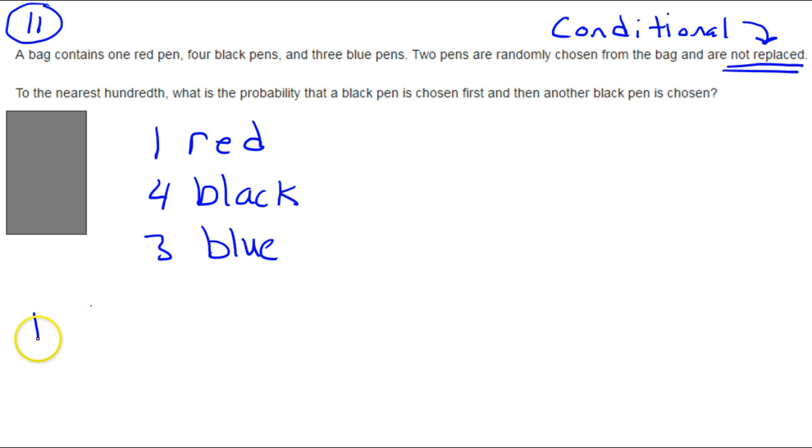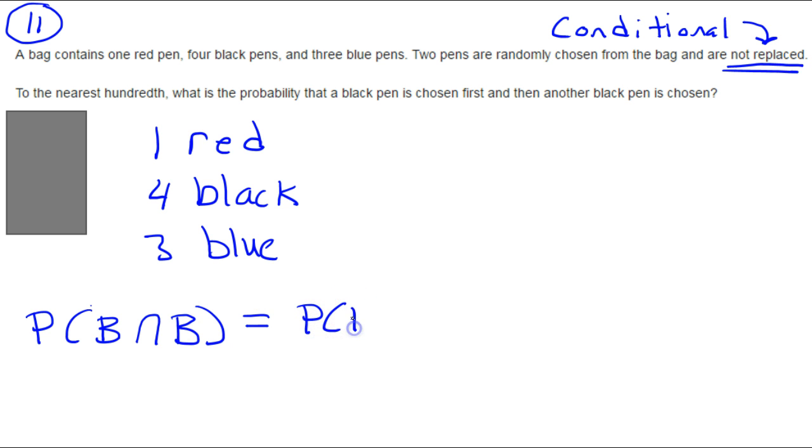So here we go. We're trying to find the probability of picking a black pen and another black pen. Now, normally, if you put the pens back and started fresh each time, then this would just be the probability of picking a black pen times the probability of picking a black pen.